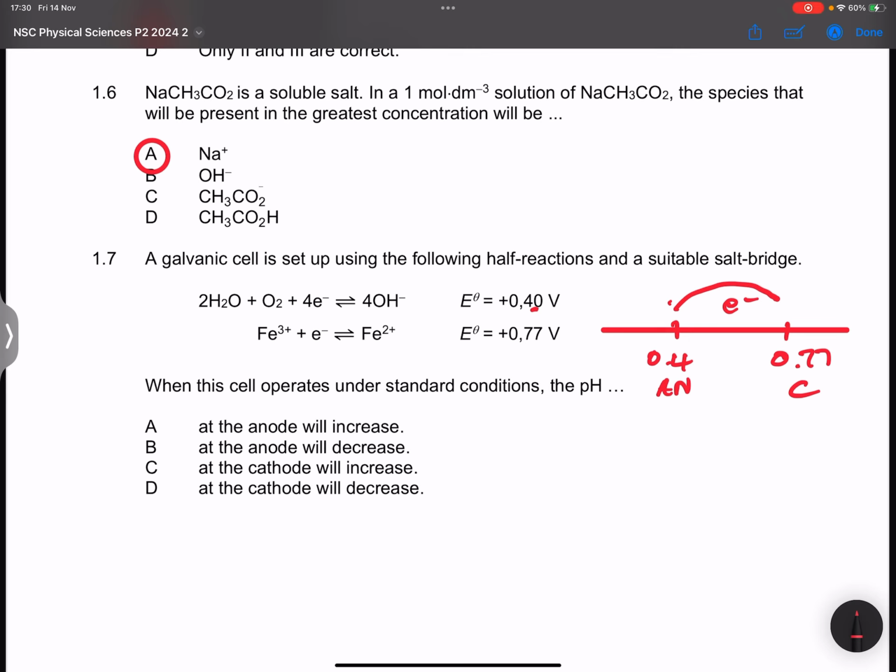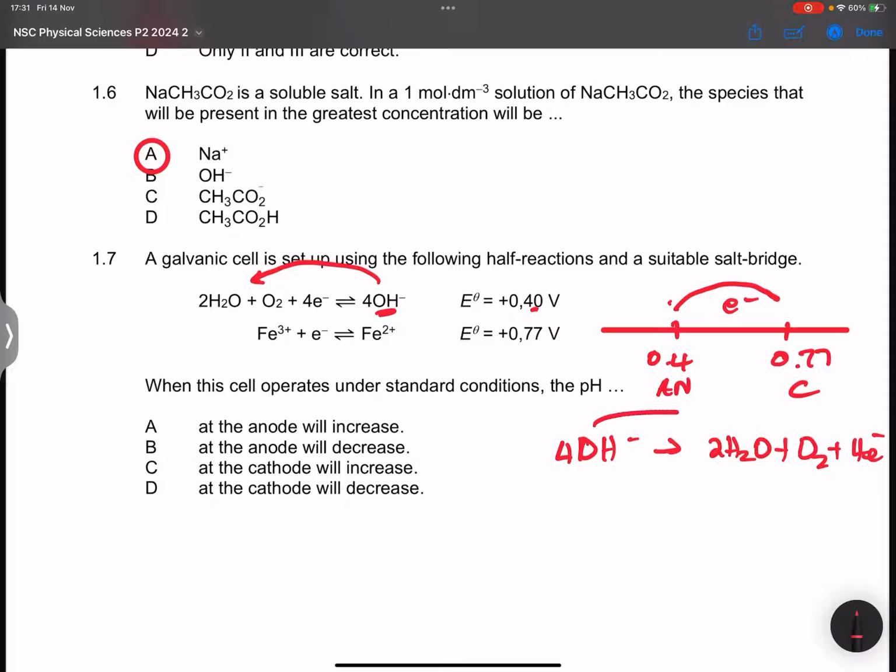If you look at 0.4, that's where the hydroxide ions are, right? It is the anode, so which means we're going to write it in reverse. So 4OH minus would therefore become 2H2O plus O2, giving away those electrons, right?